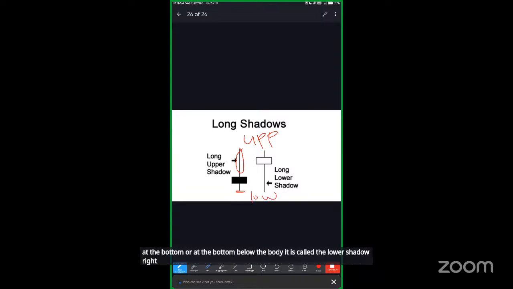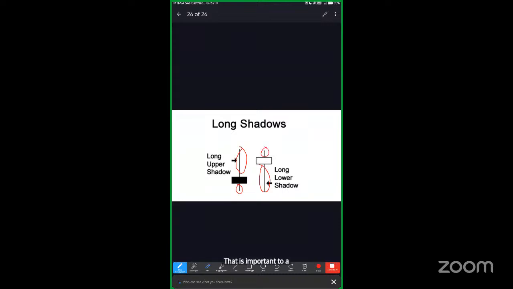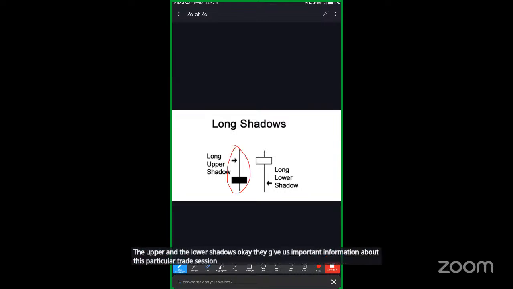So when a candle is having shadows like this, is there any specific information that is important to a trader? Yes, there is very important information. The upper and the lower shadows give us important information about this particular trade session.